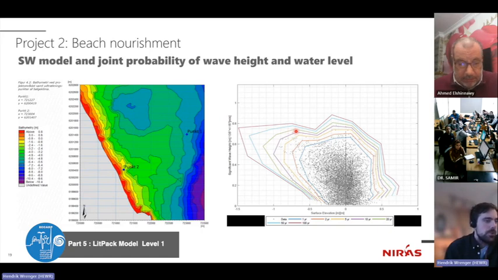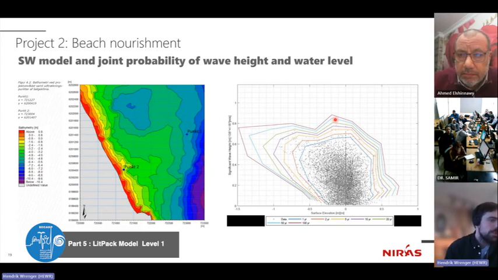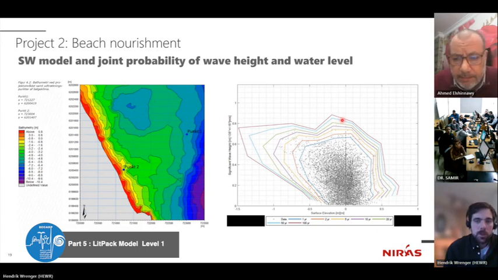So if you are asked to assess the profile evolution for a 50-year event, you might have to model different scenarios of a 50-year event, because there can be the maximum significant wave height, but with no positive water level.